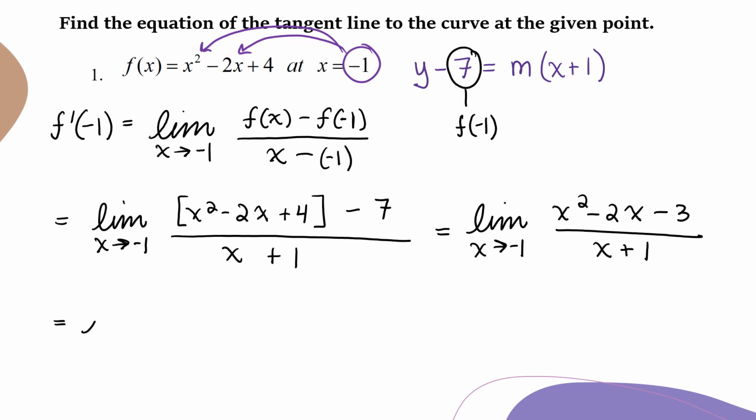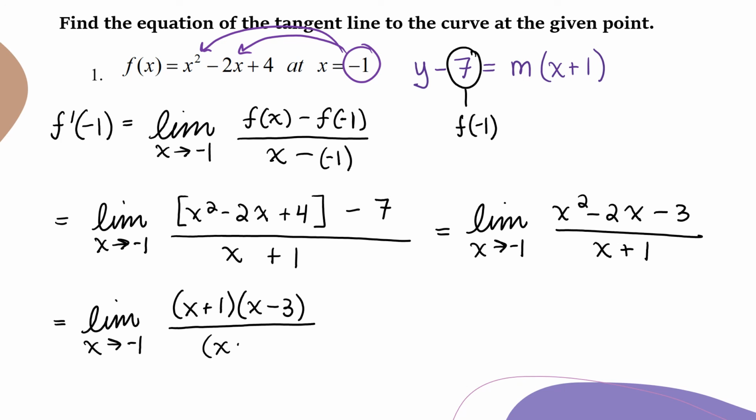And now we'll need to factor. So we have the limit as x approaches -1 of, well, our numerator factors to x plus 1 times x minus 3. And this is all over x plus 1. So these entire x plus 1 factors will divide out.